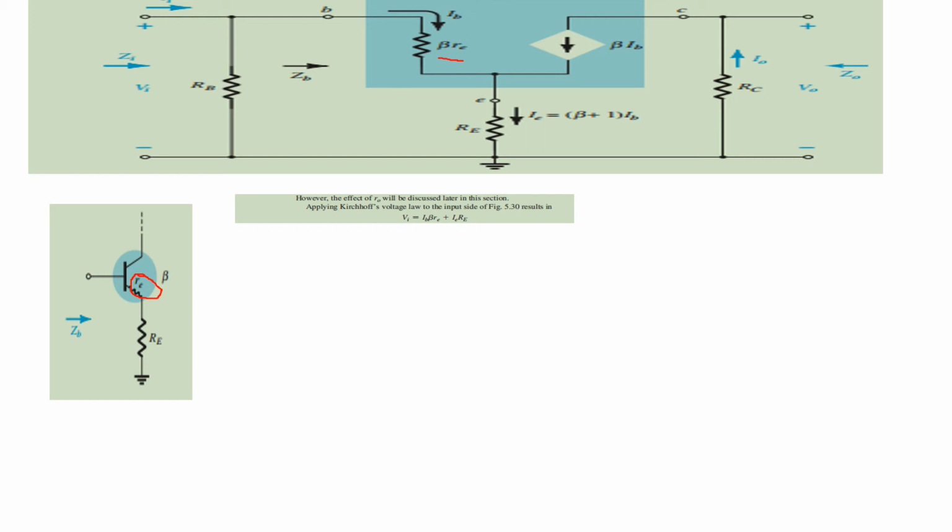So you find out the voltage Vi. Vi is equal to IB into beta re plus IE into re.